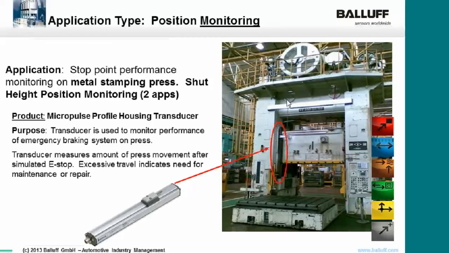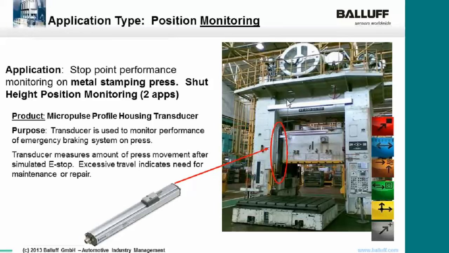It measures the amount of movement or travel, and if an e-stop condition occurs in the press, the transducer would measure the amount of travel and aid in shutting down the press by making sure that the ram doesn't come down too quickly. Excessive travel indicates a need for maintenance or repair.